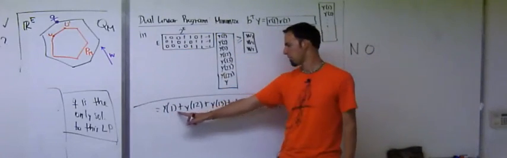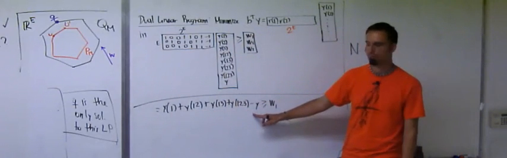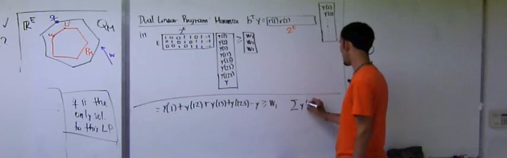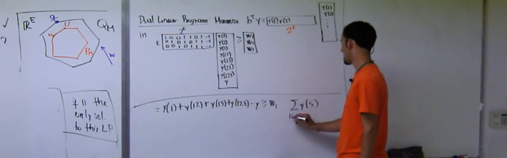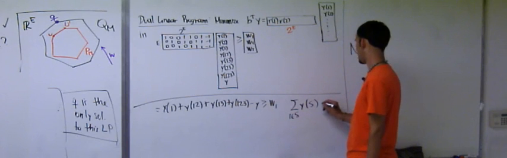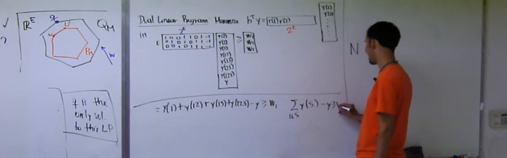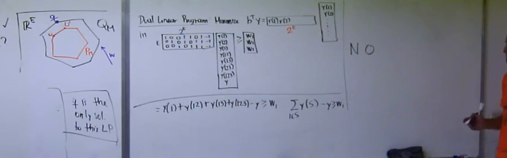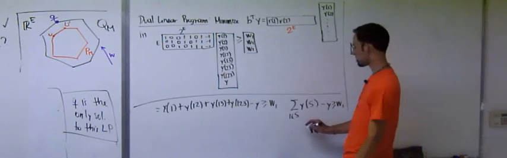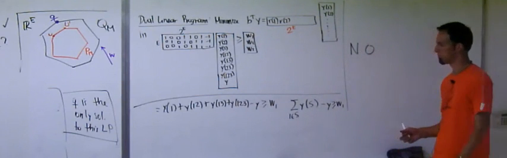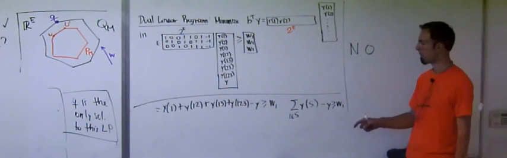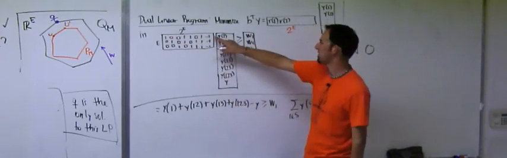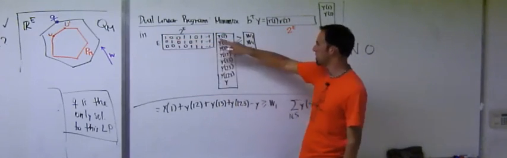They are y of all the sets containing 1. In other words, the summation of y of a set containing 1 minus y is bigger than or equal to w sub 1. Let me just say it again. I'm looking at the product of the first row and the column.